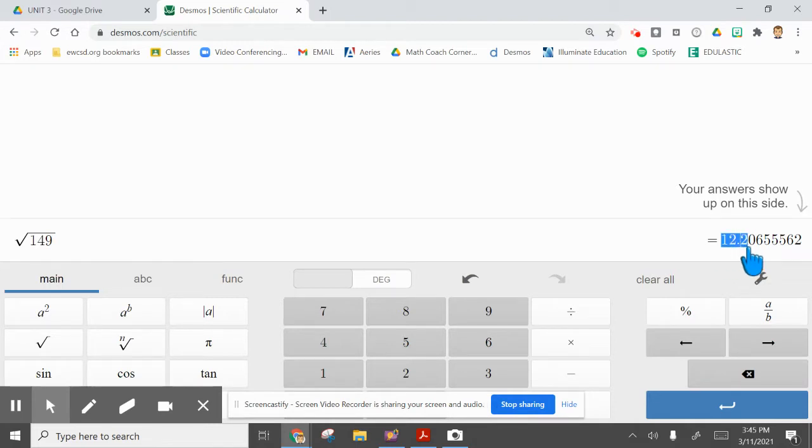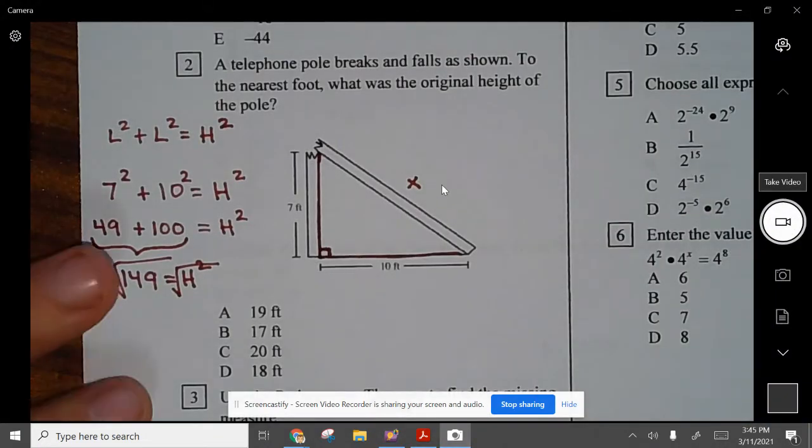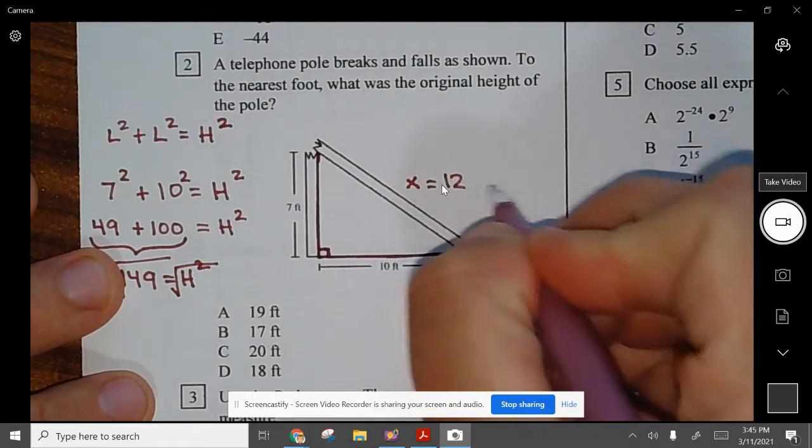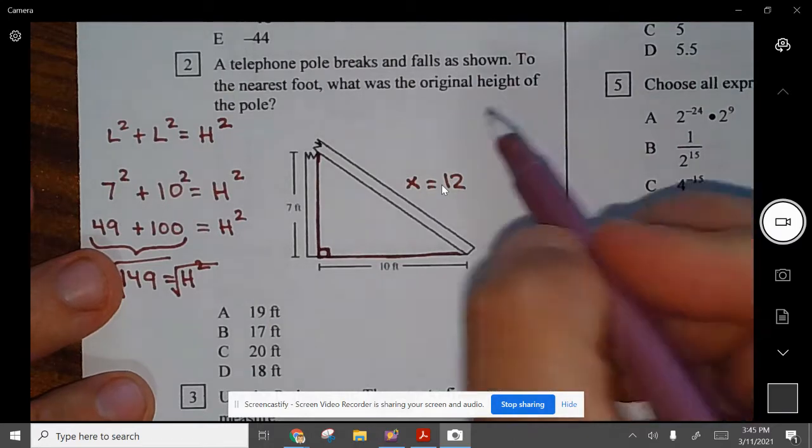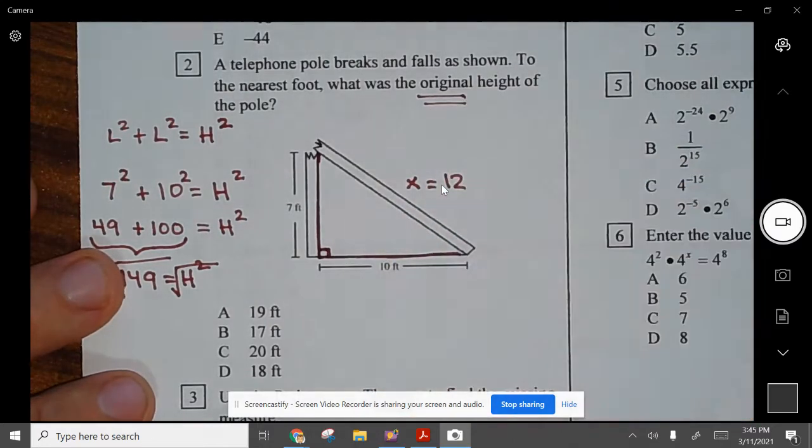The question was asking, though, the original height of the pole. Ooh, this is a tough one. So 12.2 would be our answer for x. If this equals 12.2, or 12, right? What was it asking? What was the original height of the pole?